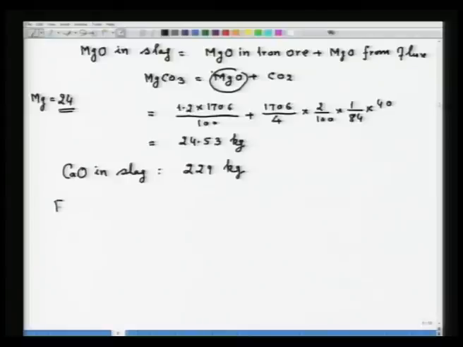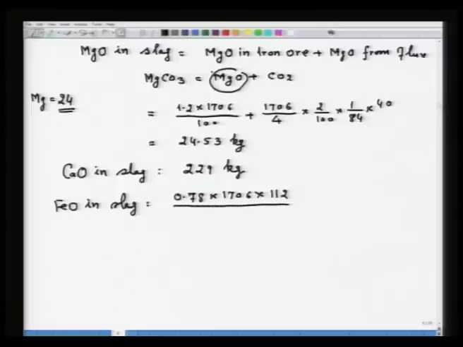So, there will be FeO in slag, that will be equal to 0.78 into 1706 into 112 upon 160, into 0.005, into 72 upon 56. So, that is equal to 6 kg.